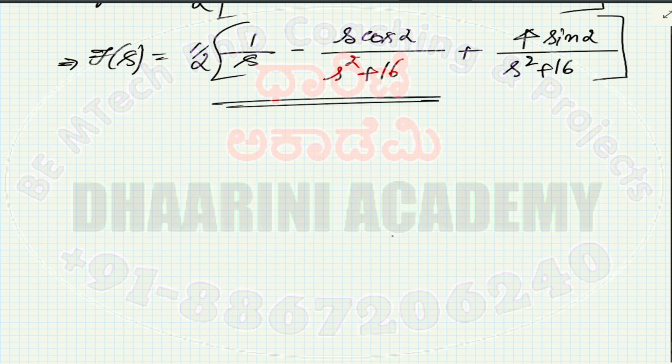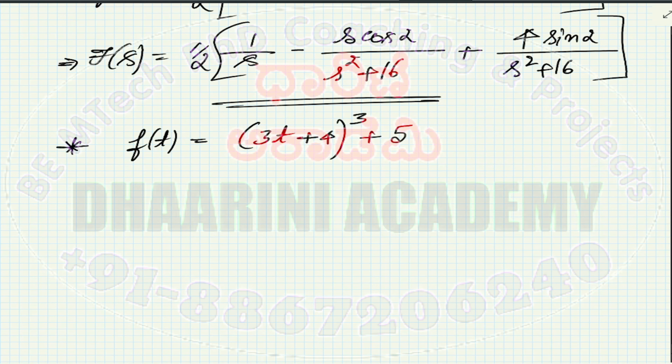Going to the next question. F of t is equal to 3t plus 4 the whole cube plus 5 to the power t. Okay, so now anyway we need to simplify this further.